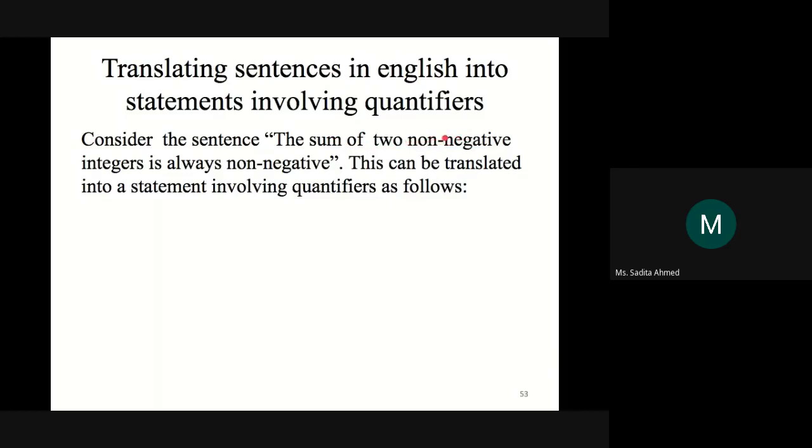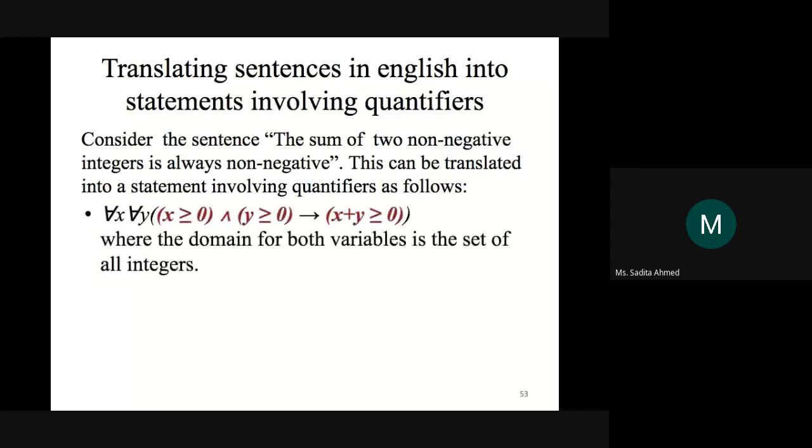That is, as long as the variables in the summation are non-negative, the summation is going to be non-negative as well. So this is like a conditional, right? If they're non-negative, then the summation will also be non-negative, for the domain of integers. So in that case, this is how we would have to phrase it.